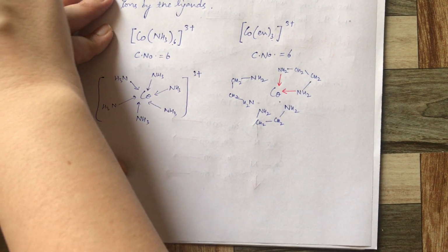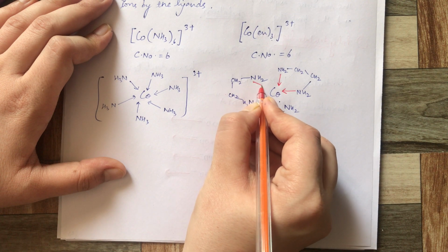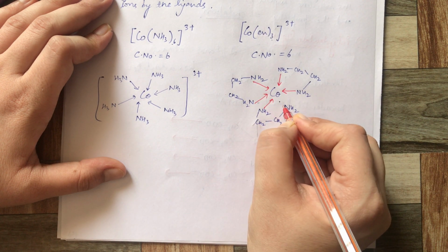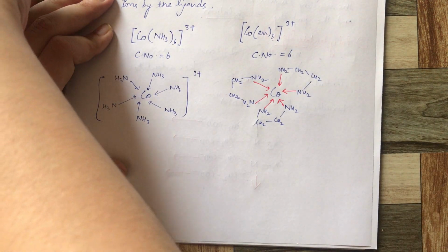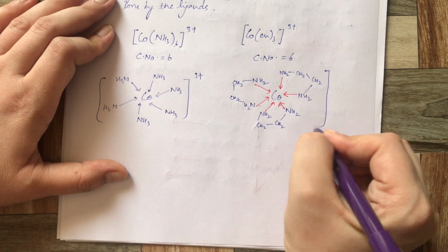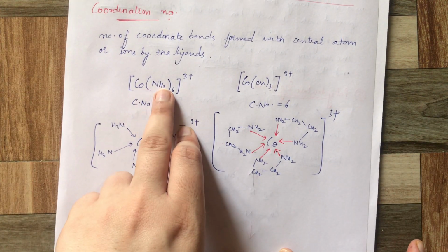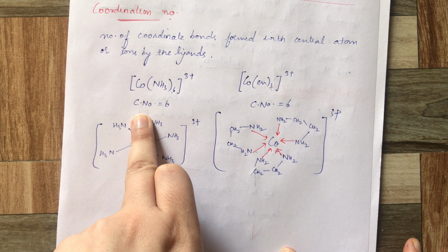How are they formed? There are a total of 3 en molecules. Each en contributes 2 donor atoms, so a total of 6 coordinate bonds are formed in the coordination sphere. So if there is a unidentate ligand, then the number of ligands is equal to the coordination number.